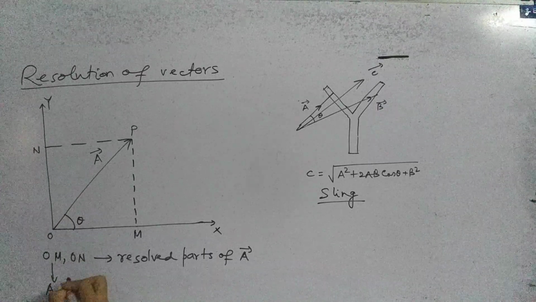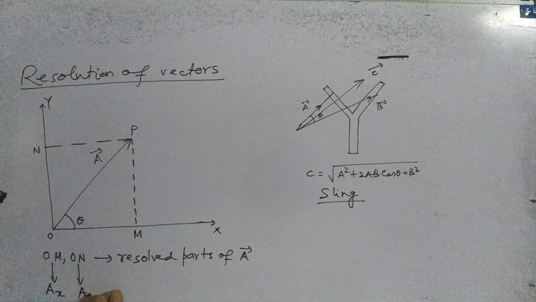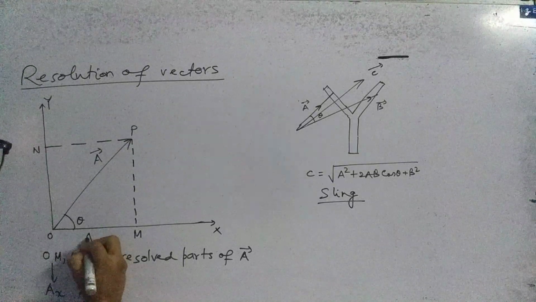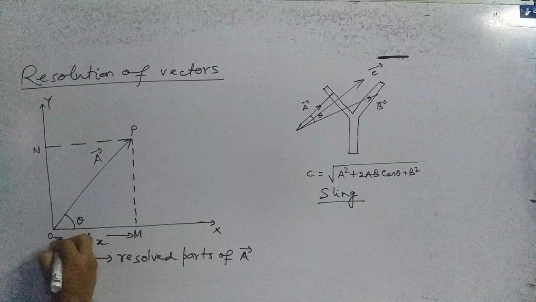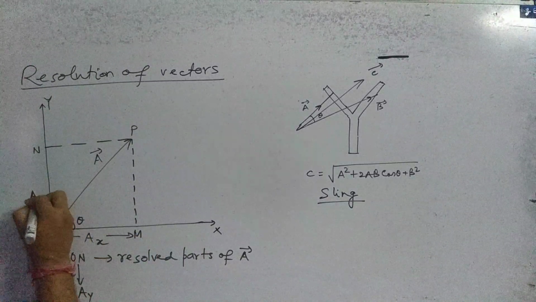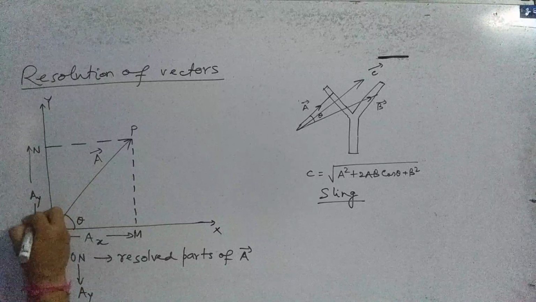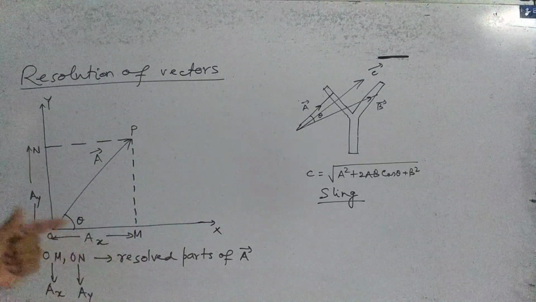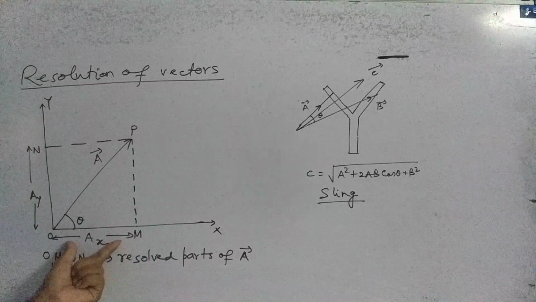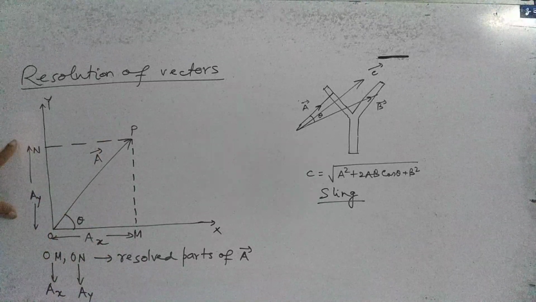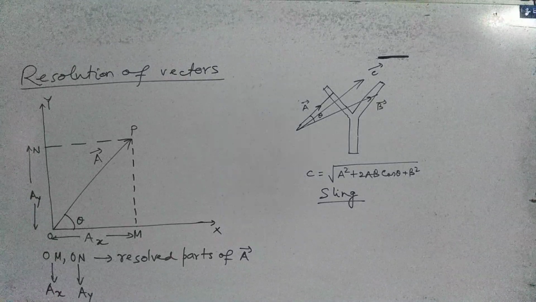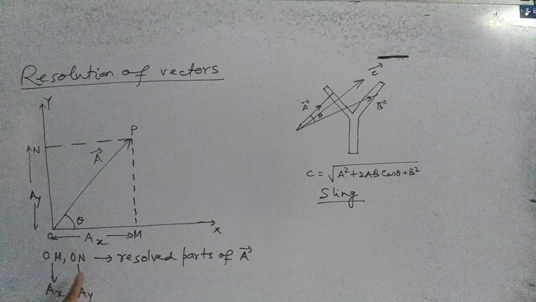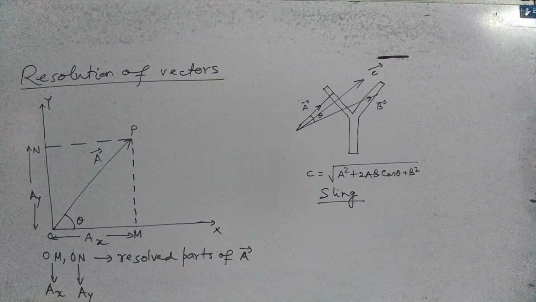This portion I will call AX and this portion I will call AY. Understood? These are called the X component and Y component. X component of A vector, Y component of A vector. AX and AY are the two resolved parts.